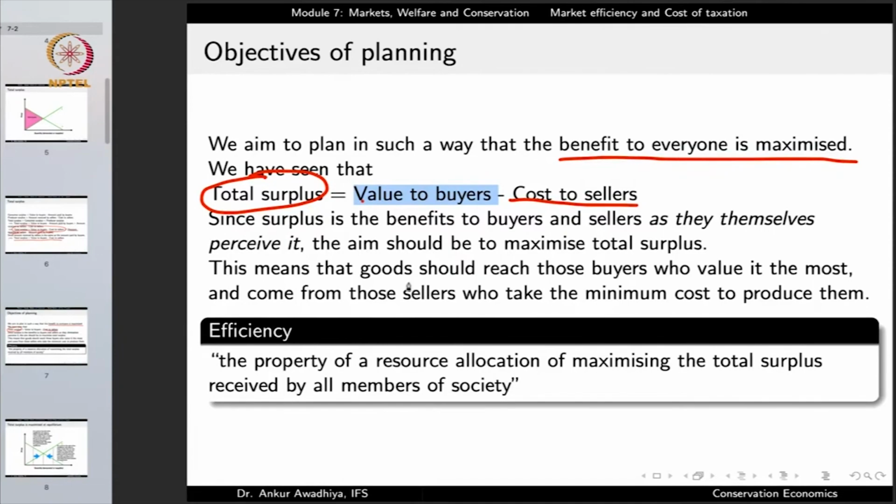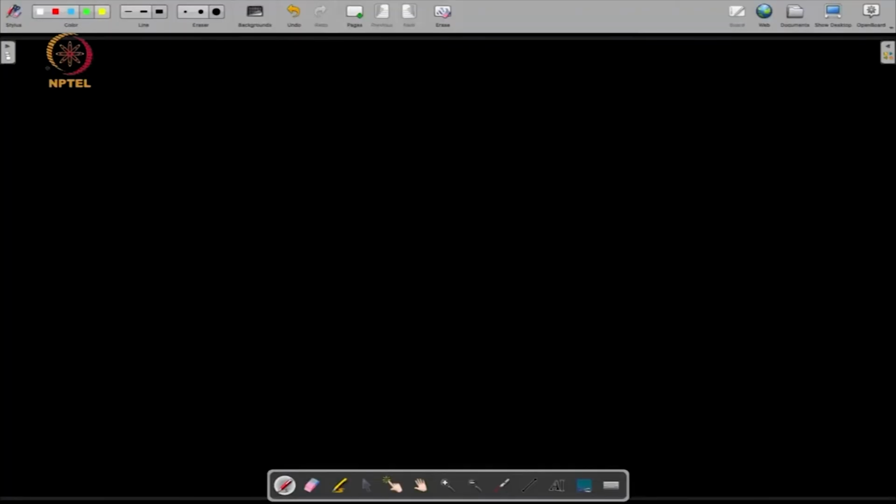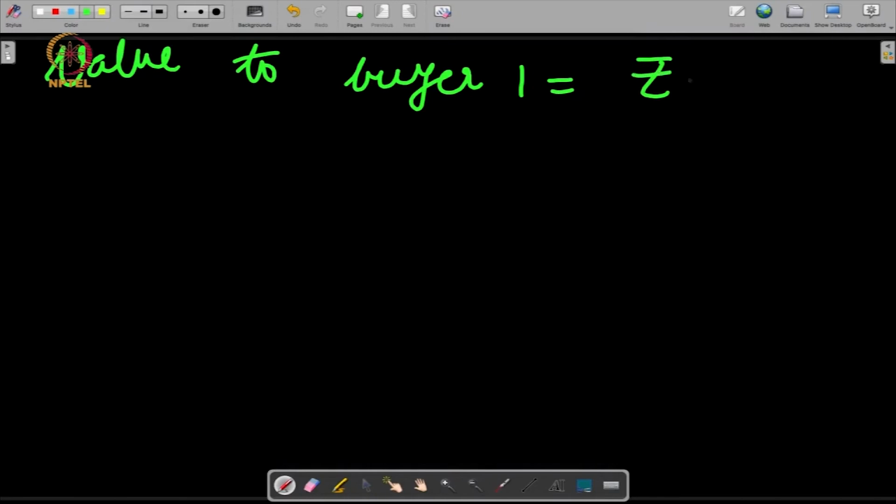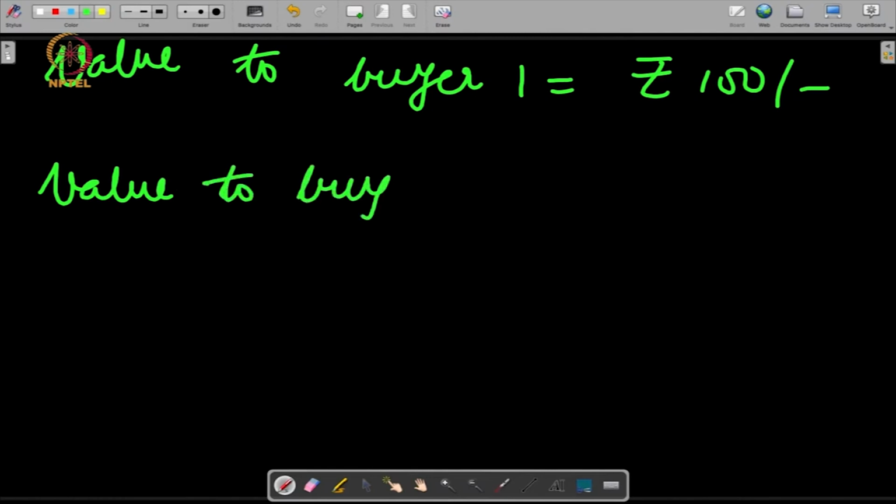Which means that if there are two buyers and one is putting a value of the pen to be say 50 rupees and the other one is putting the value to be say 100 rupees. What we are saying here is that the value to buyer 1 is 100 rupees and the value to buyer 2 is 50 rupees.